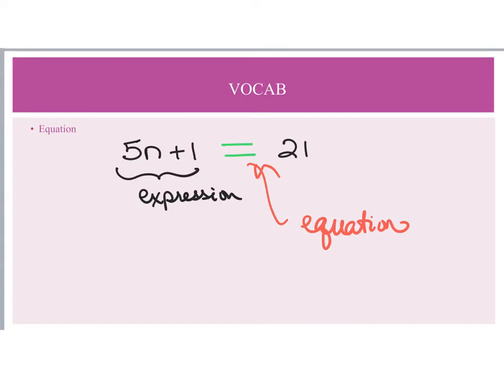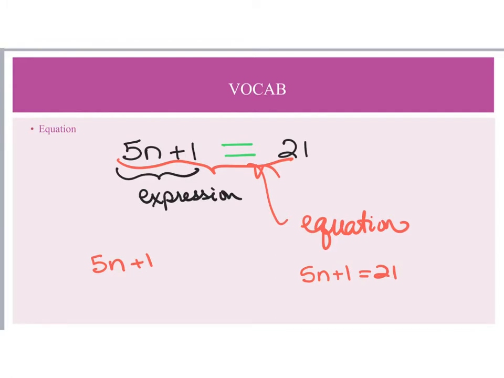So this whole thing is an equation once I drop in that equal sign. An expression is 5n plus 1. An equation is 5n plus 1 equals 21.